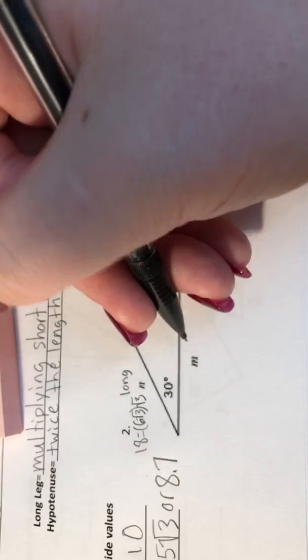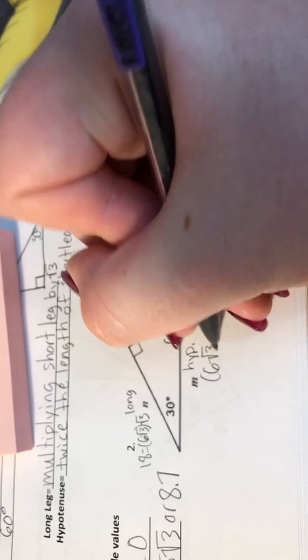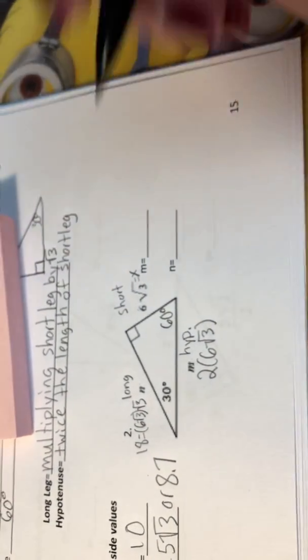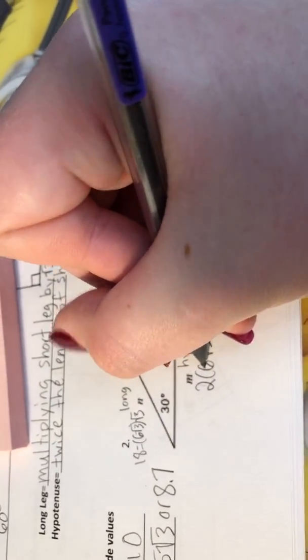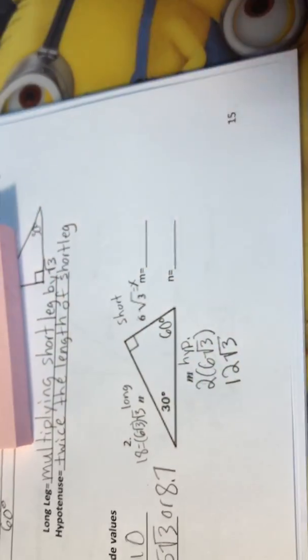Now for the hypotenuse, which is m in this case, we've got our short side, which is x. So we've got 6 times the square root of 3. We're going to multiply it by 2. Well, this one, you have to only do 2 times 6. So we've got 2 times 6, which is 12 times the square root of 3.